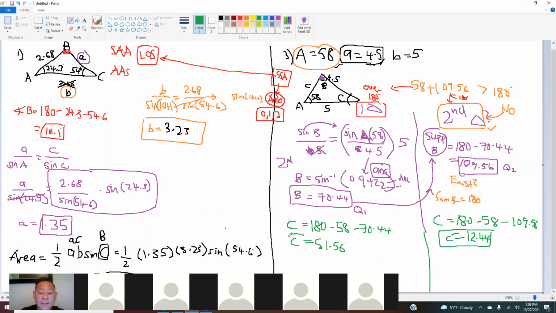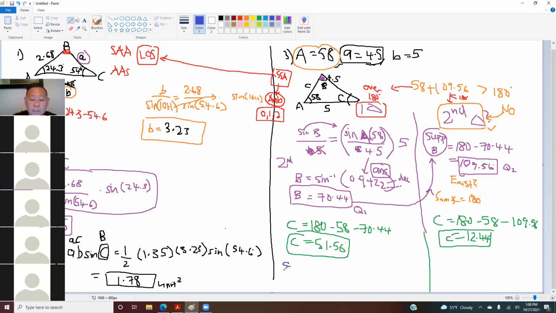And now we need to find side C using the formula. C over sine C equals A over sine A, because A is known. So C in this case is 51.56, A in this case is 4.5, and capital A is 58.